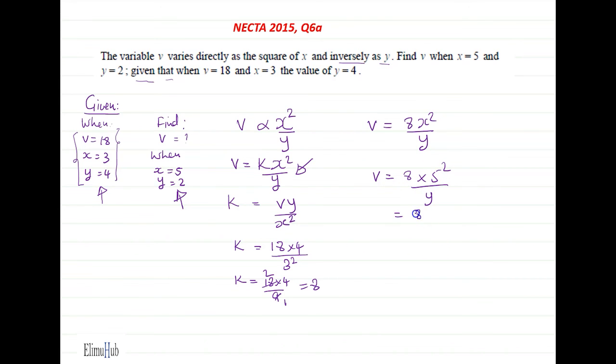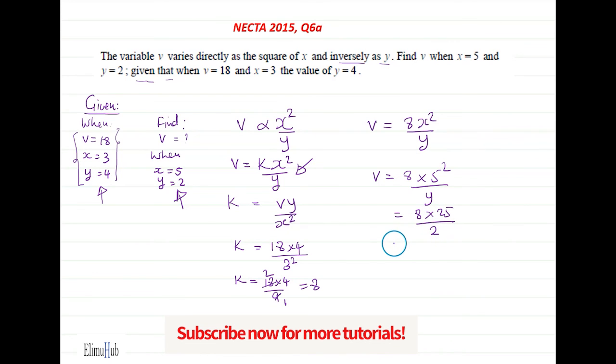So that gives you 8 times 25 over 2. So v equals, well, there's 1, 2 there, and there's 4, 2 there. So 4 times 25 is 100. And that's the value for v.